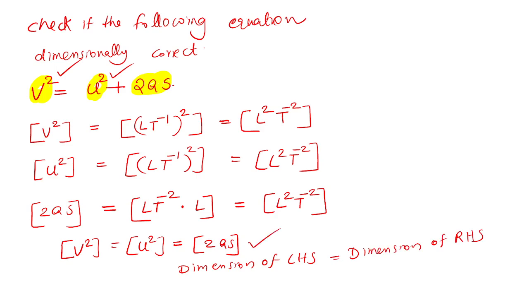Actually this is sufficient, but you may add this step also. Dimension of left hand side is L square T raised to minus 2, right hand side also L square T raised to minus 2. So dimensionally correct, dimensionally valid. Correct.